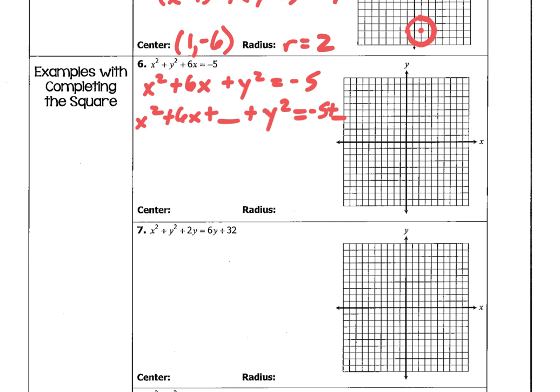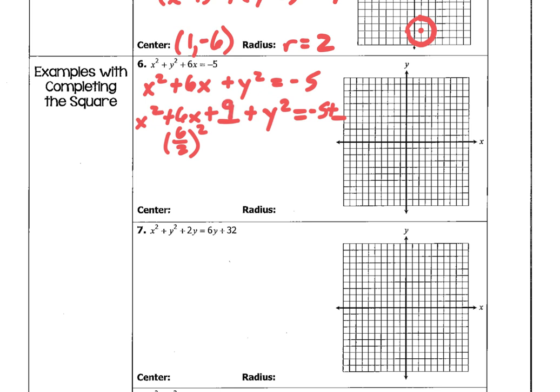That's why we call it completing the square. And so when we did this, what we did was we took that middle number, the 6 in this case, the b value, and we're going to take 6 divided by 2, and we're going to square it. Always divide by 2 and then square it. So 6 divided by 2 is 3. 3 squared would be 9.